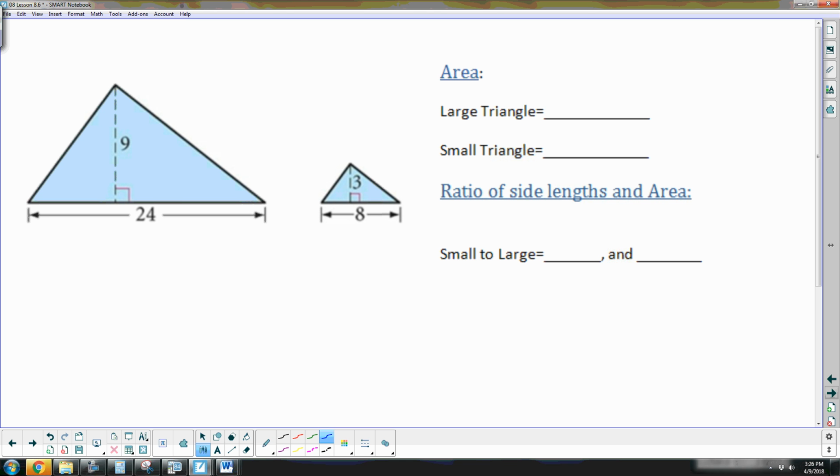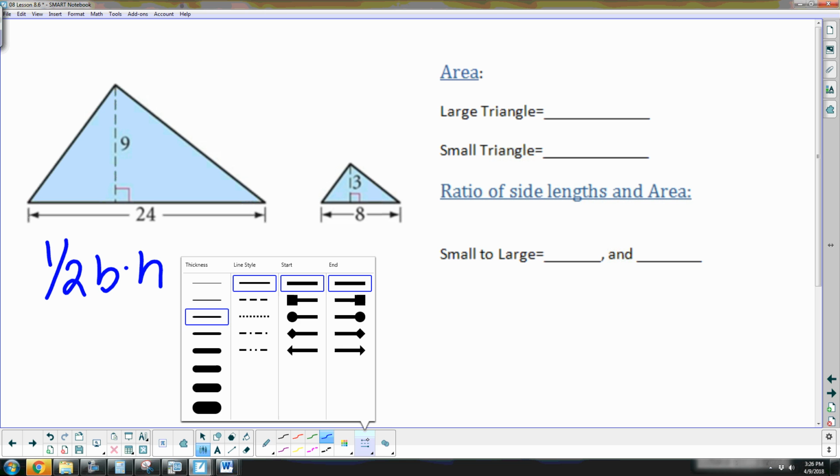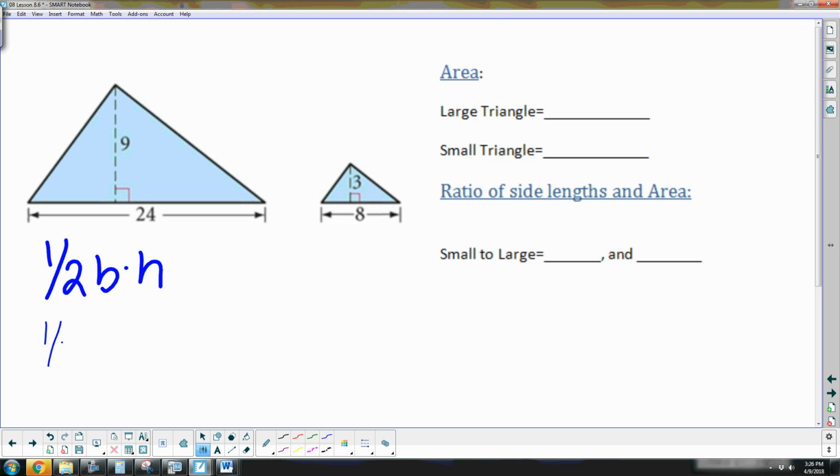Now we see that's true for rectangles. Now let's see if that also applies to triangles. So we'll just look at an example. The area of the large triangle is 1/2 base times height. So in this example, our base is 24 and our height is 9.